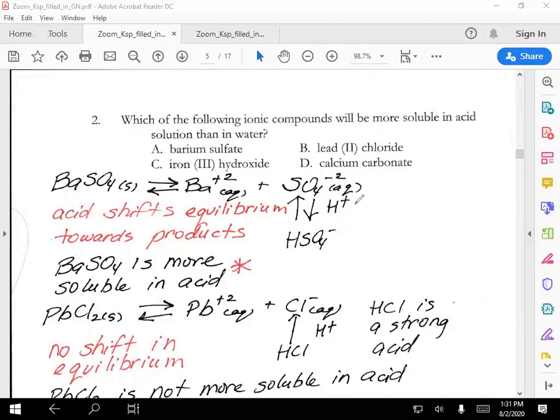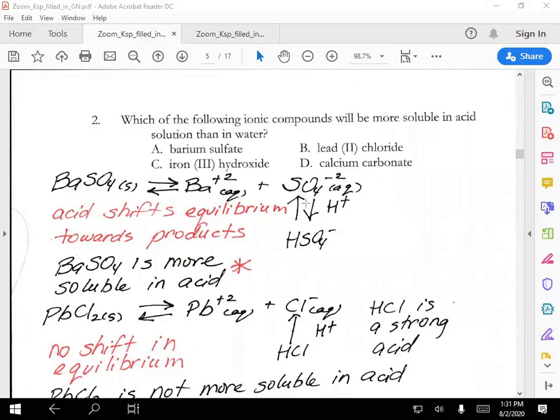If we had an acid, then we would have H+. The H+ would combine with the sulfate to give monohydrogen sulfate, which is a weak acid. So we would have an equilibrium.